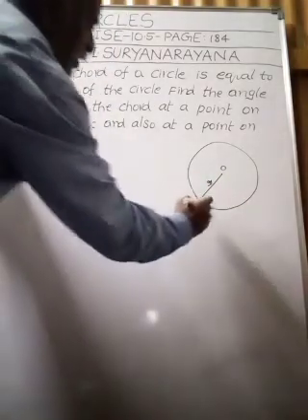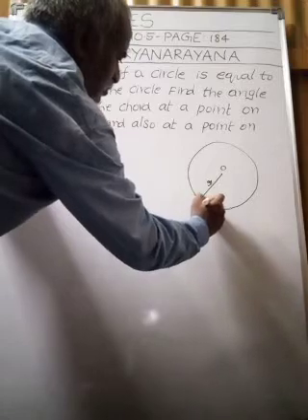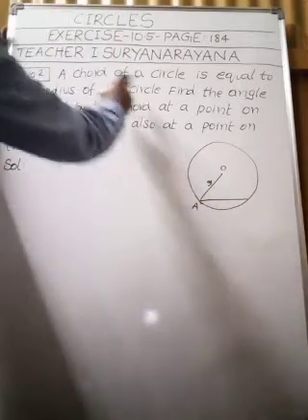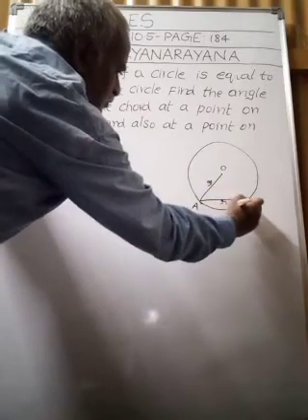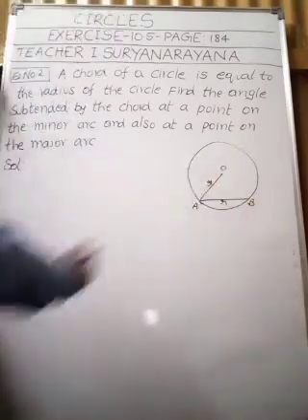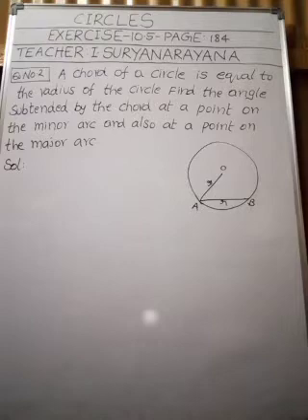Okay, my children. Let us take an arc. Let us take a chord of length radius. The length of this chord is also the same as that of the radius of the circle. Okay, my children, understood this one?